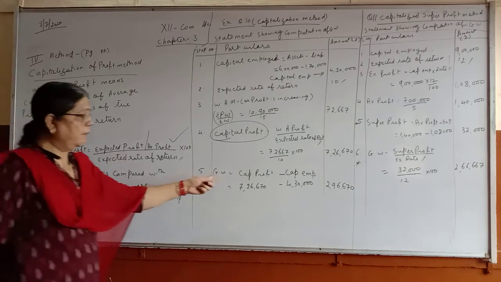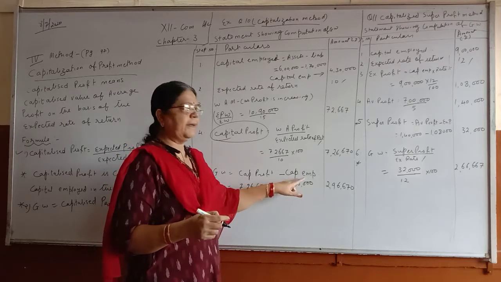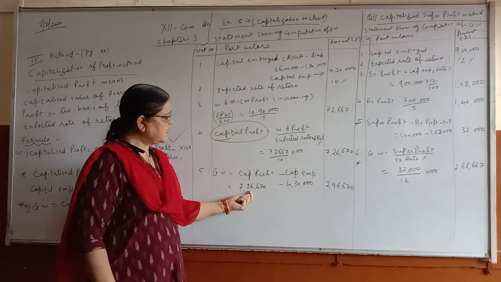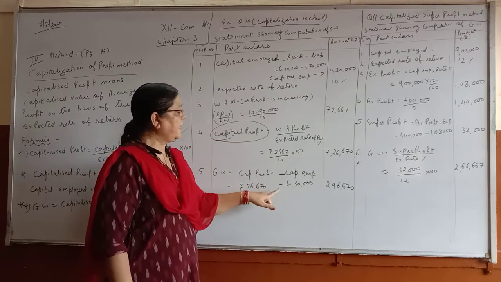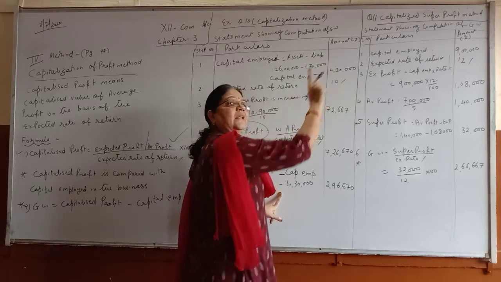So second formula, you will get capital profit minus capital employed. So our capital profit is 7,26,670 minus capital employed, that is 4,30,000.